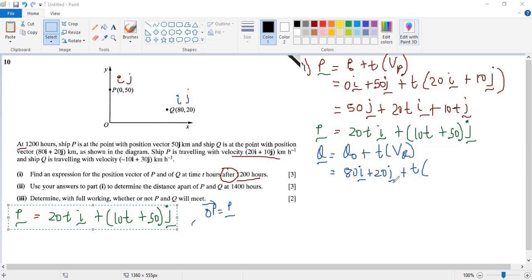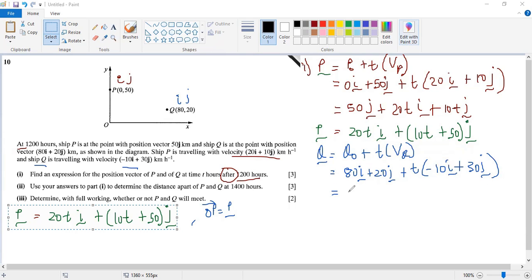What is vQ? vQ is the second one. The ship is traveling at the velocity of negative 10i plus 30j. Negative 10i plus 30j like that.